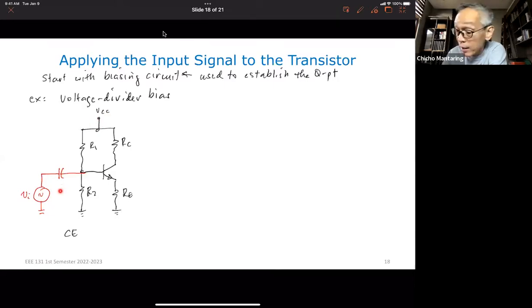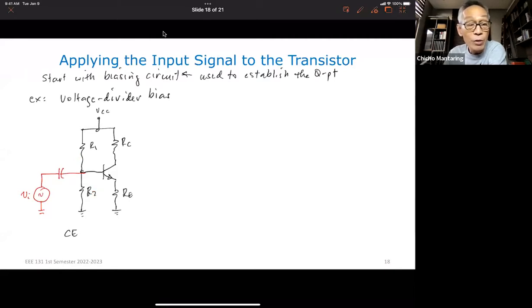On the other hand, this capacitor is supposed to approximate a short circuit at the frequency of my input. And then using the principle of superposition, this is now going to be applied at my base emitter on top of the operating point established by this resistor network, R1, R2.